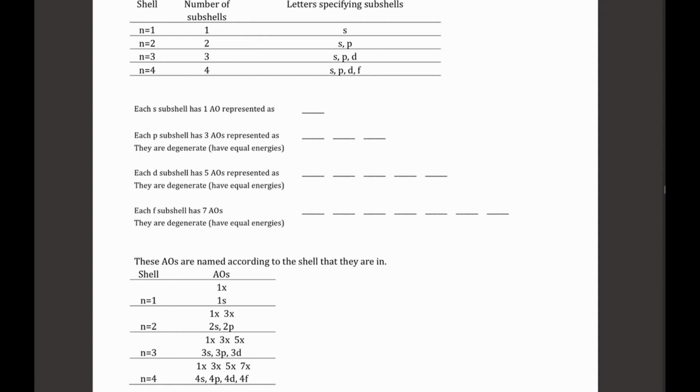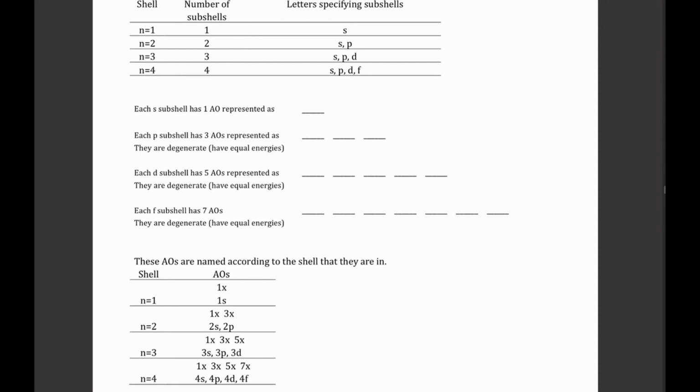They are degenerate. They all have equal energies. Each d subshell has 5 atomic orbitals represented by these 5 lines. They are all degenerate, equal energy. And then each F subshell has 7 atomic orbitals. They are degenerate, have equal energies.